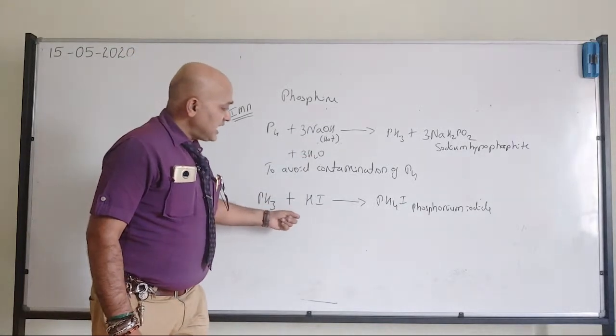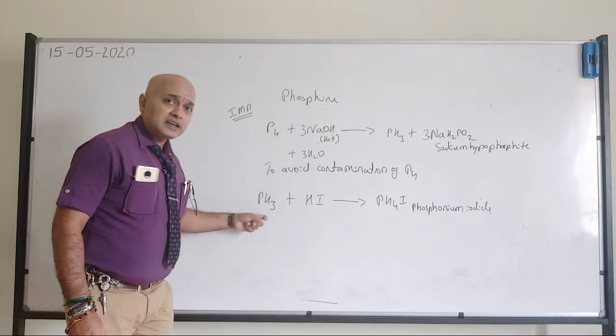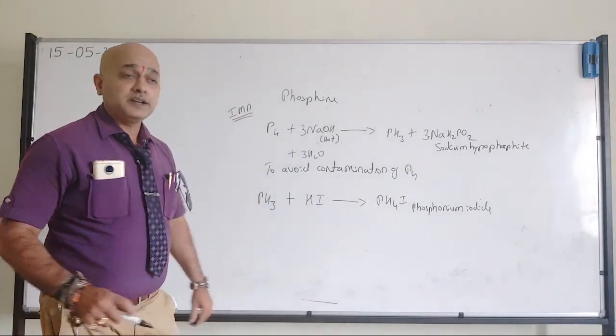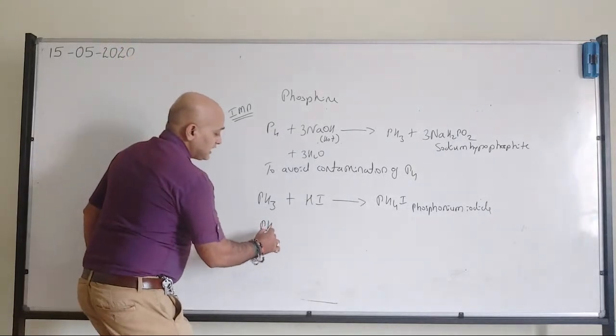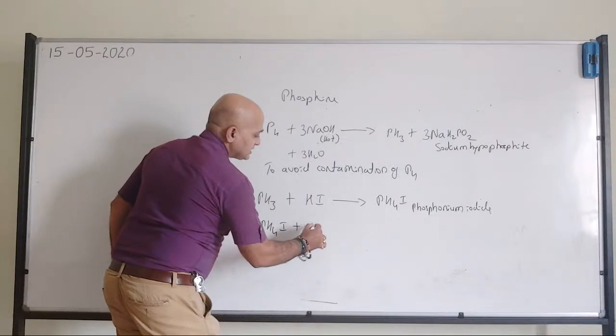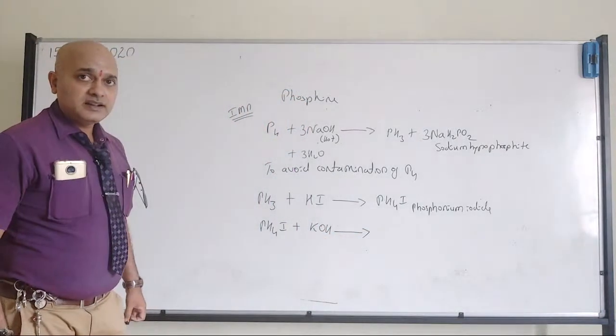So this reaction is also an example for justification for Lewis base character of phosphine. So that's why we are going to get phosphonium iodide. Now we will get back the phosphine when this phosphonium iodide is treated with potassium hydroxide. Right?